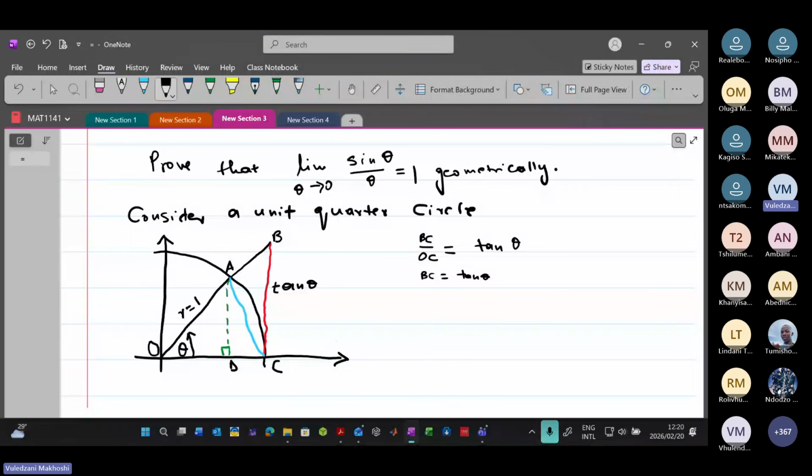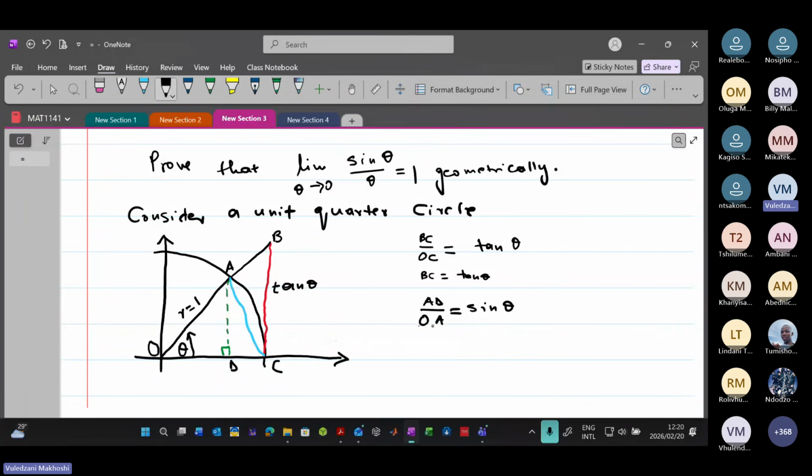Again, if we look at triangle OAD, if you take AD and divide it by OA, this is opposite over hypotenuse, this is sine theta.